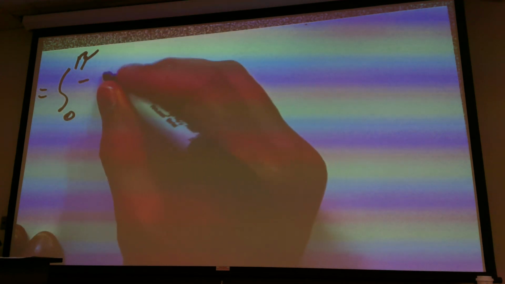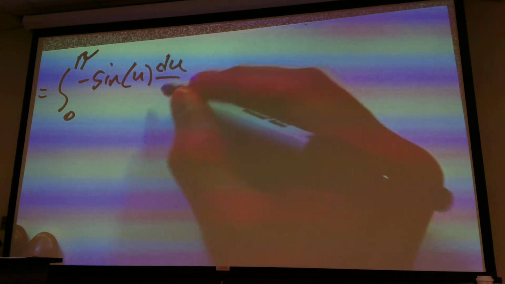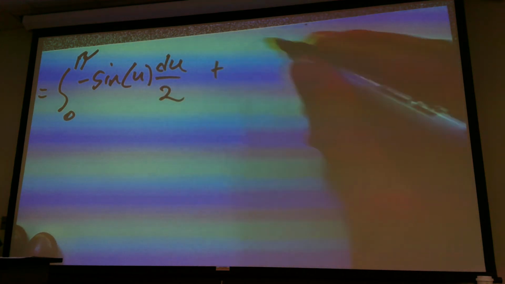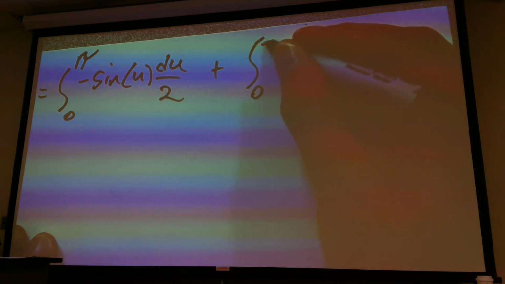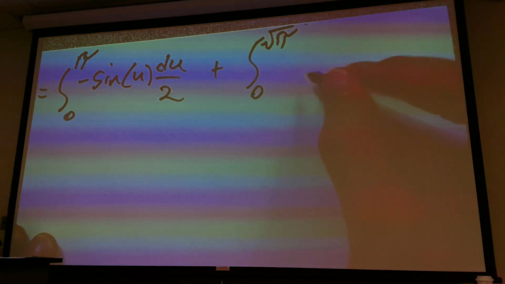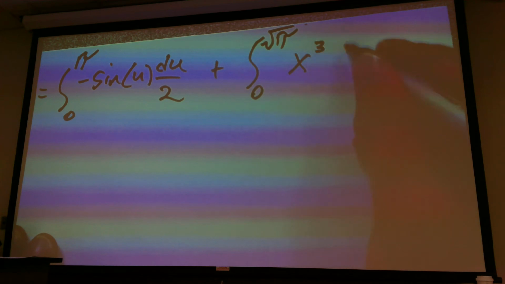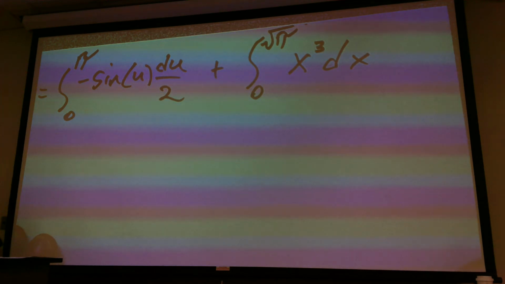So this ends up becoming the integral from 0 to pi of negative sine of u du divided by 2, plus the integral from 0 to the square root of pi of x cubed dx.